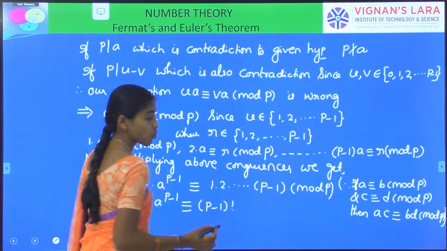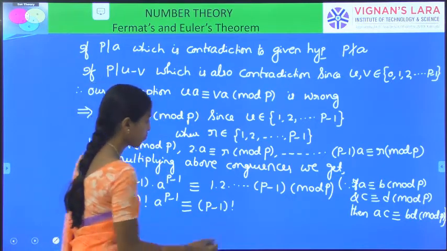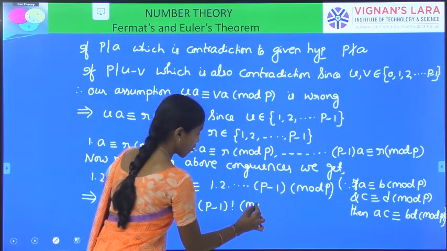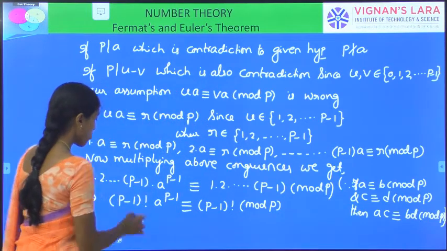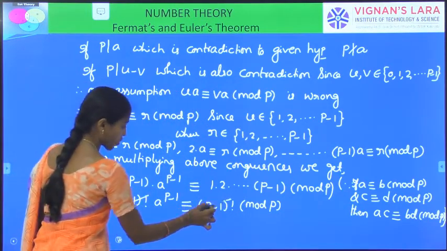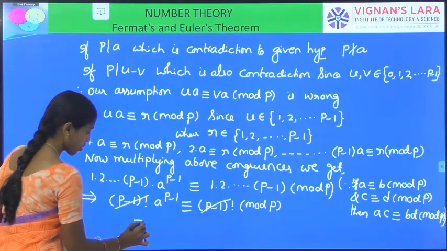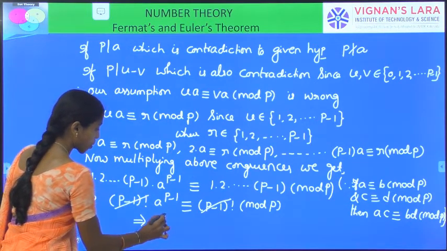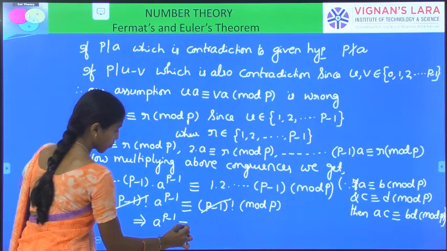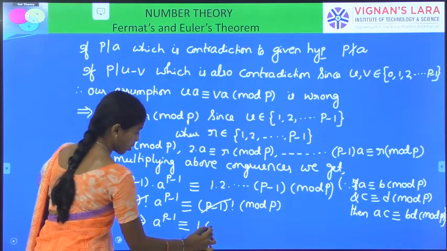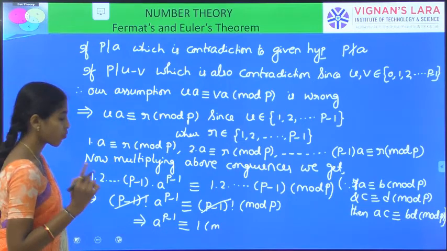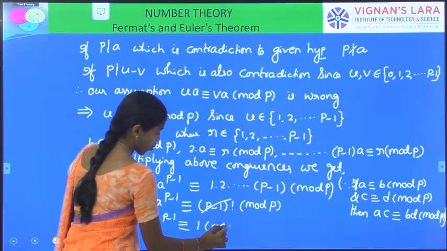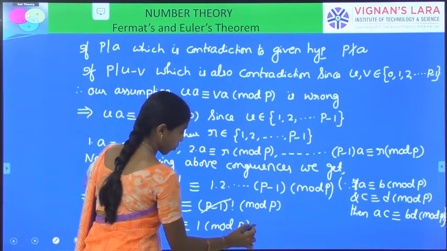So, it is also P minus 1 factorial modulo P. So, on both sides P minus 1 factorial gets cancelled. So, we will get A power P minus 1 is congruent to, after cancelling P minus 1 factorial, the remaining is 1. So, 1 modulo P.